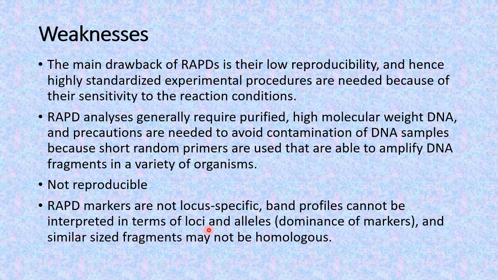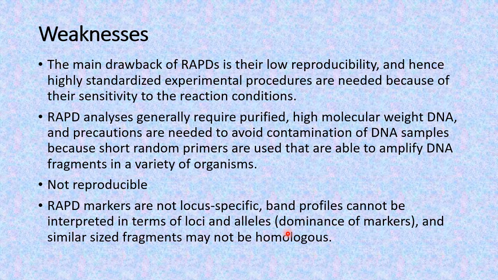Furthermore, these RAPD markers are not locus specific. So band profiles cannot be interpreted in terms of a particular locus or allele because they are polymorphic bands. The same locus may be present in different length fragments of the DNA.